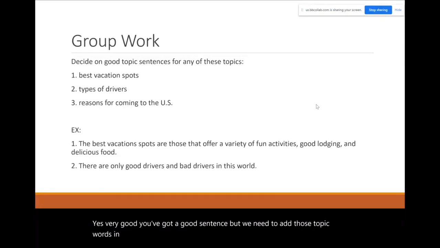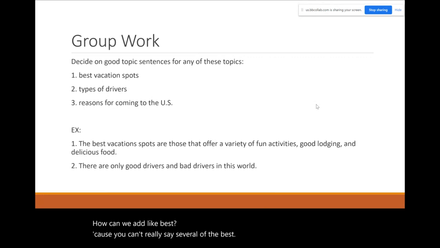Like, there are several, how can we add like best? Or the. Because you can't really say several of the best. Let's see. Sometimes it doesn't always work to use there are.